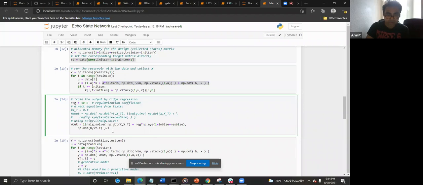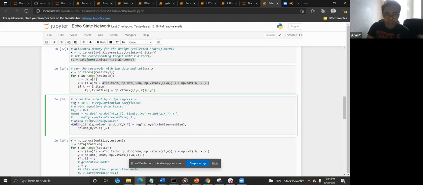And then to get back the signal, you literally just solve for this W out matrix, where you do a linear regression on X and the original signal that you were trying to recover. So you solve this system, you get back your W out, and then you've trained it.